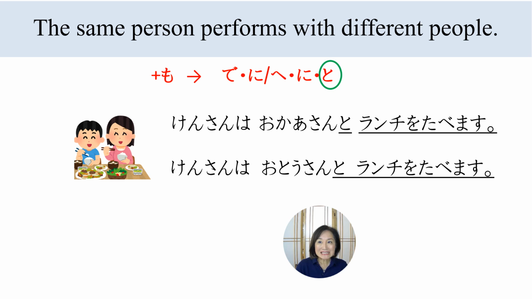Let's try with this situation. Ken eats lunch with his mom. Kenさんはお母さんとランチを食べます。Ken eats lunch with his dad.